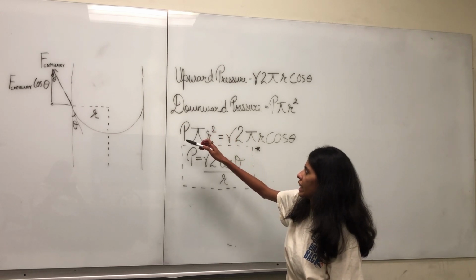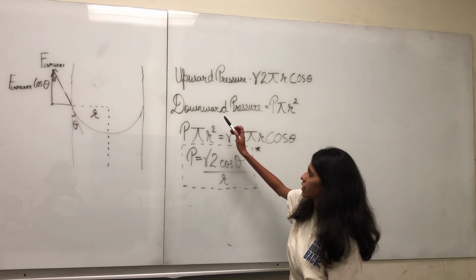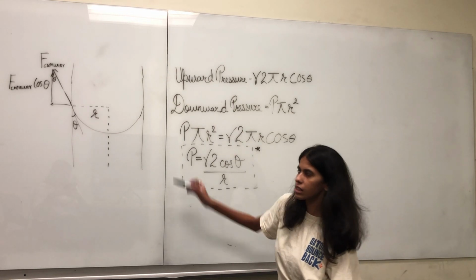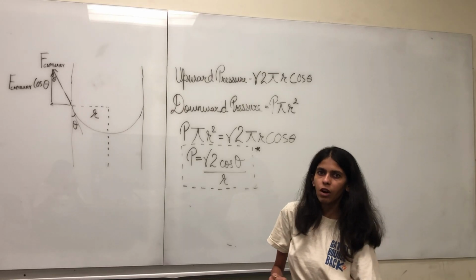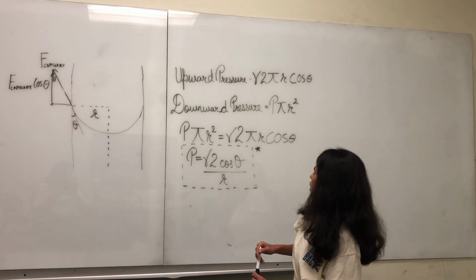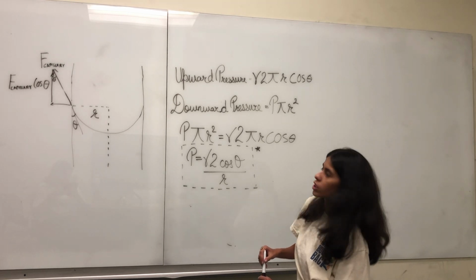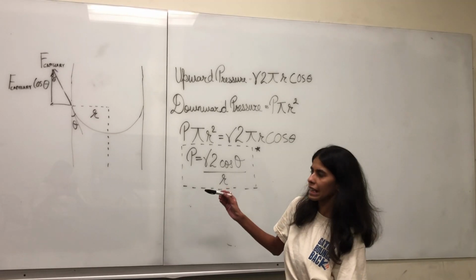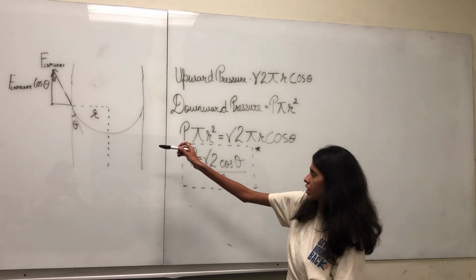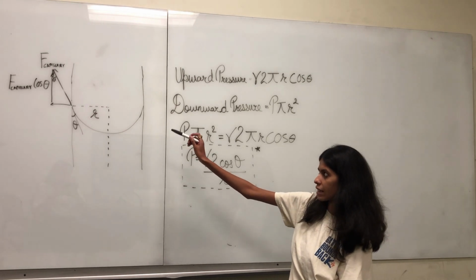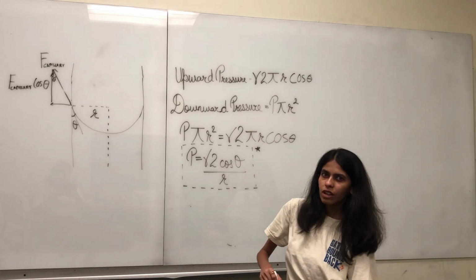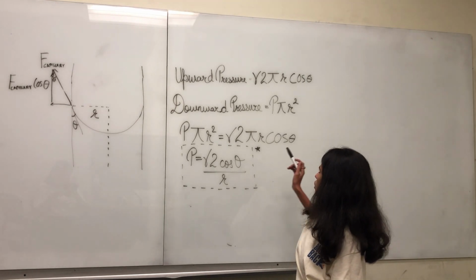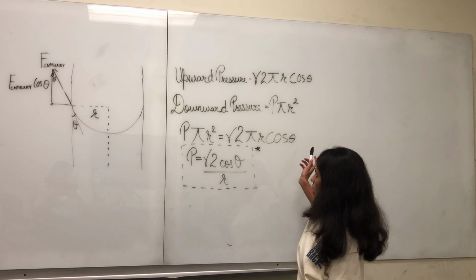So when we calculate the force balance across the meniscus, we observe that the upward force is the surface tension, force per unit length, times the contact angle term cos theta, which is the capillary force acting in the upward direction. The downward force is the pressure times the cross-sectional area, pi r squared.